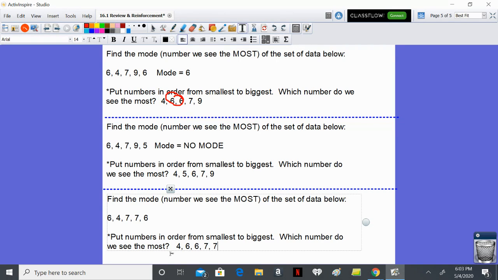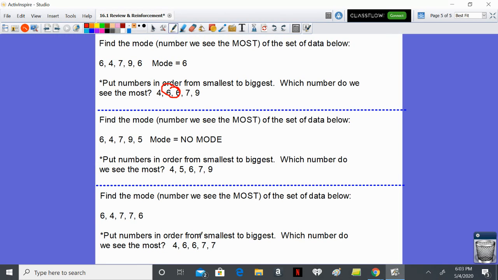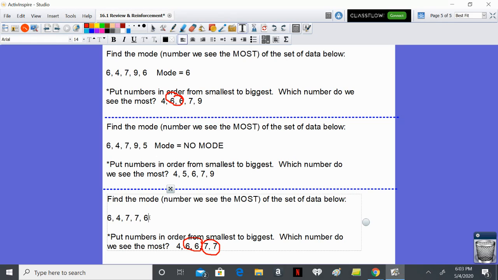What numbers occur more than any other numbers? Well, I have 1 4, I have 2 6s, and I have 2 7s. So they're kind of tied. So this is where, when I said earlier, you could have more than one mode. So we would say my mode for this set of data is 6 and 7.